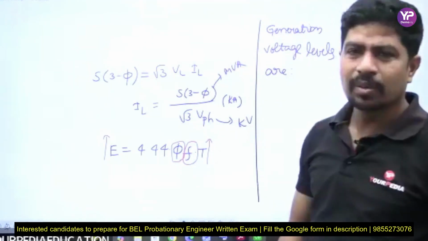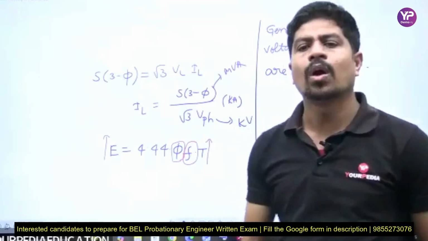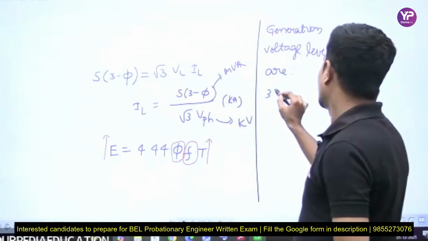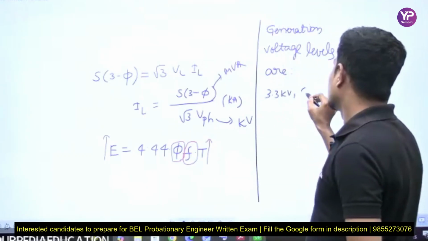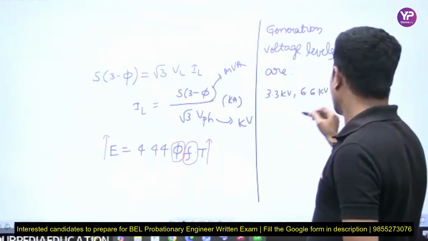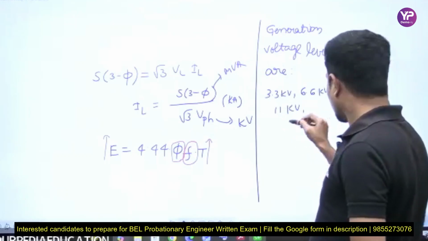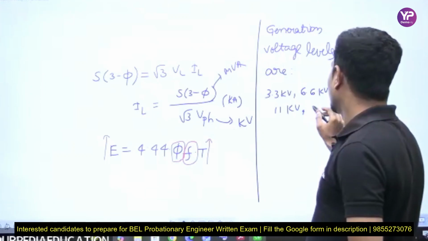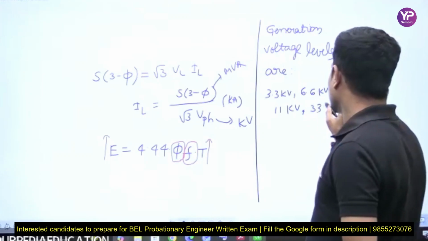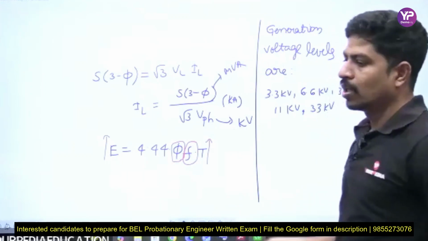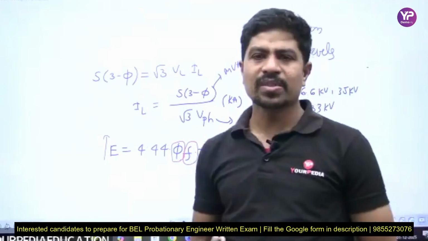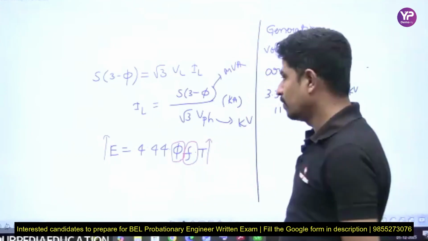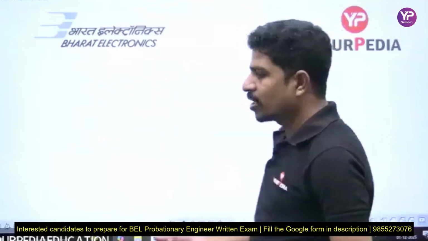Generally it will be 3.3 kV, 6.6 kV, 11 kV, sometimes 3.5 kV also, and sometimes 33 kV, but never 66 or 132 kV. It's quite less when compared to transmission voltage levels. Now, generation voltage levels, we understood.